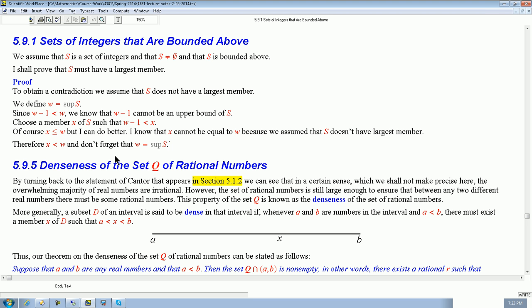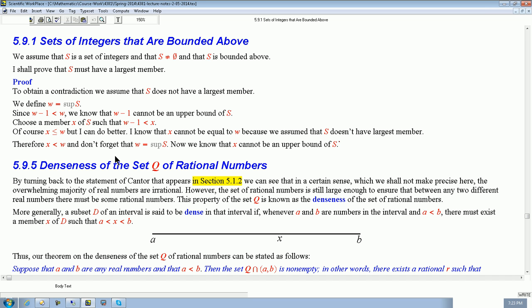Okay. Now we know that X cannot be an upper bound of S, because X is less than the least upper bound. Okay? So now what?